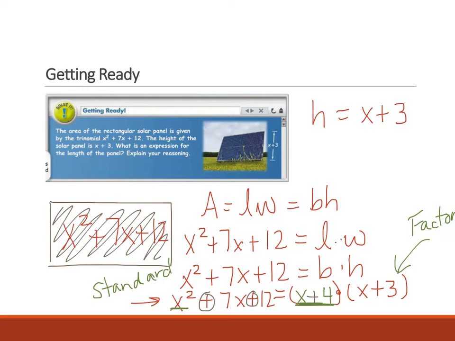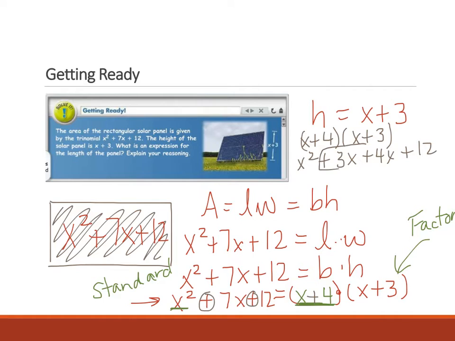Let's check and see if when we multiply x plus 4 times x plus 3, we get back the original trinomial. In other words, let's test and see if this might be the answer. So x times x is x squared. x times 3 is 3x. 4 times x is 4x. And 4 times 3 is 12.